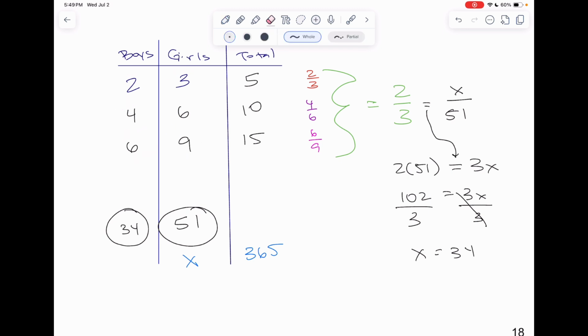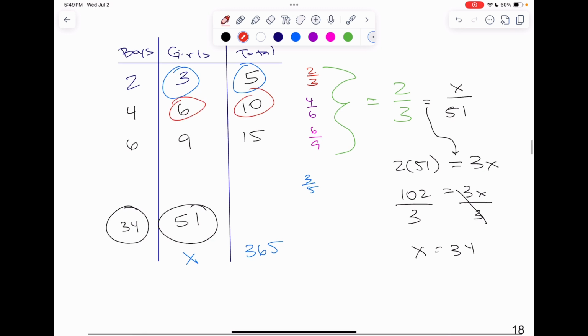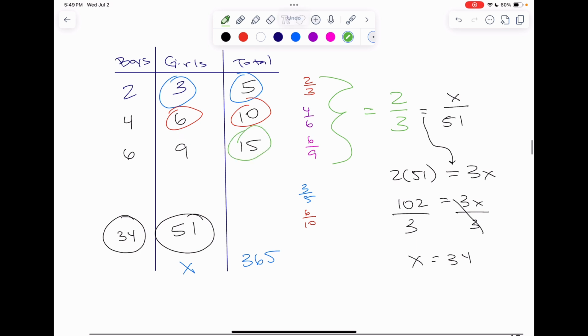Let's see. If I do 3 over 5, or if I do 6 over 10, if I do 9 over 15, do all these guys equal the same thing? Yes, they do.